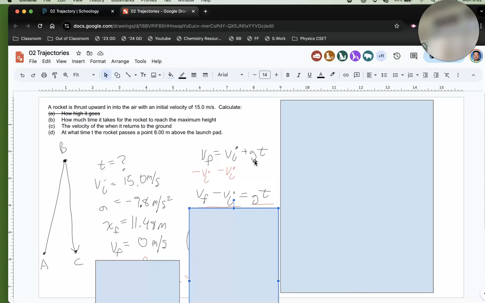We'll make little details that help us distinguish between time and temperature. For now, t is always time. Solve for t, so divide both sides by g. And what's left over will be v sub f minus v sub i divided by g.